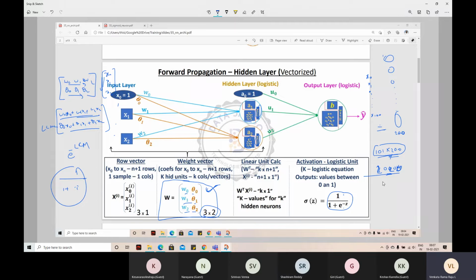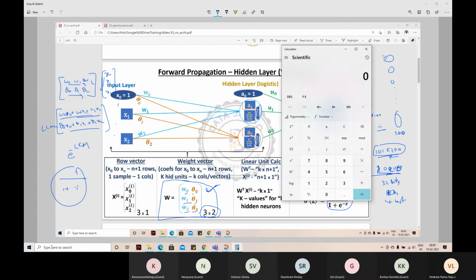Each float number is 32 bits, which is 4 bytes. 20,000 into 4 bytes is how much? About 80,800 bytes, which is roughly 78 MB.